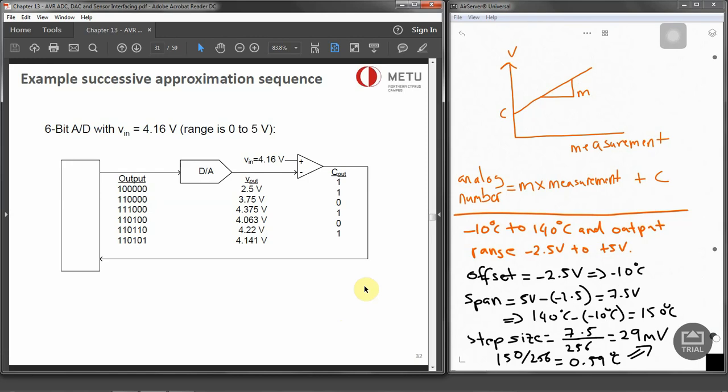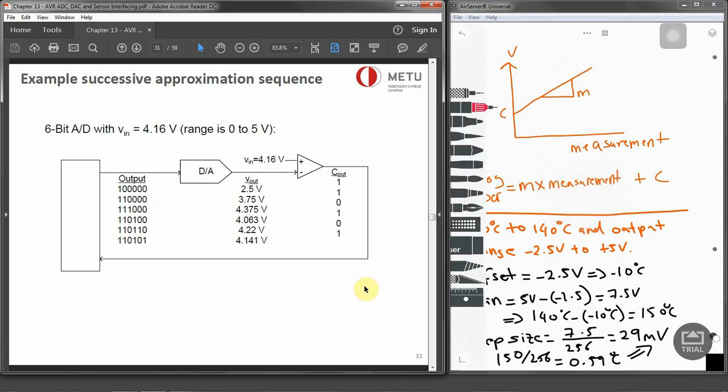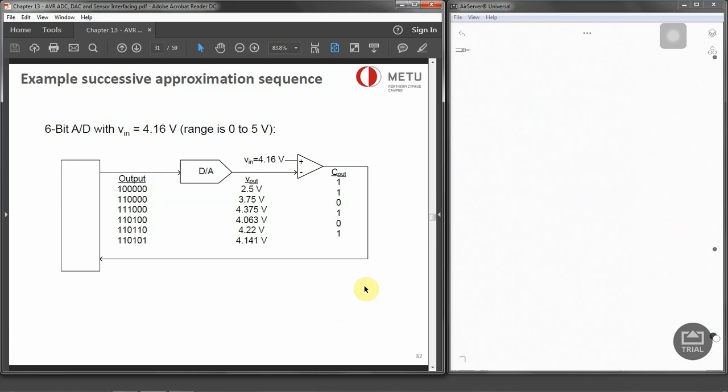The second part of the question says, what is the digital output of the analog to digital converter if the temperature is 10 degrees? So in order to find the digital output, first we have to solve two simultaneous equations to find the linear mapping equation between sensor input and the output.